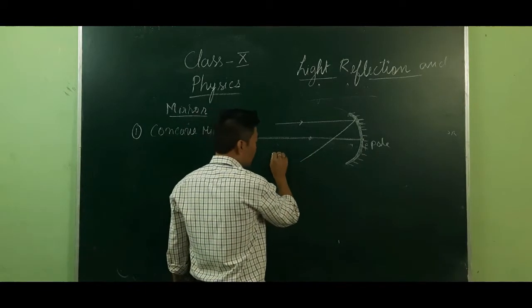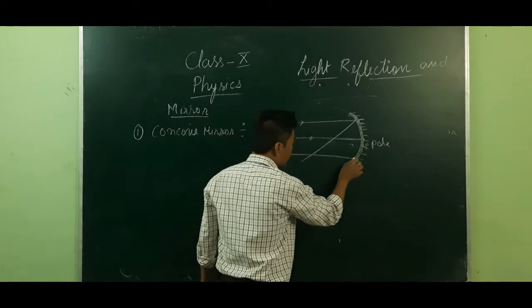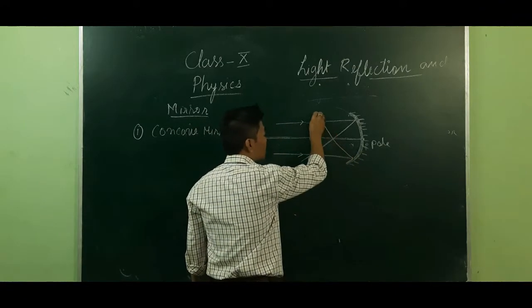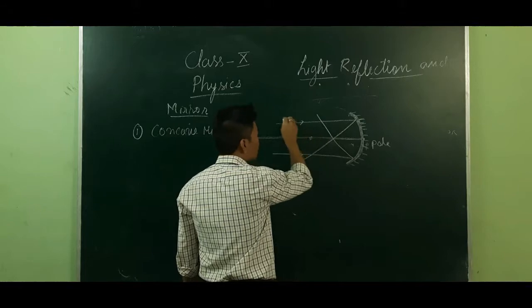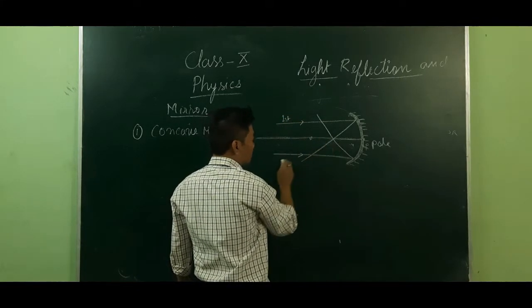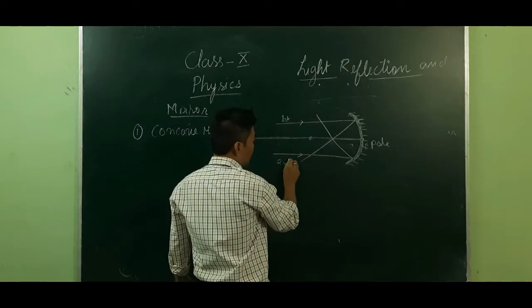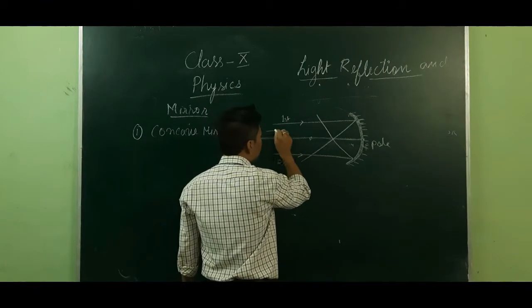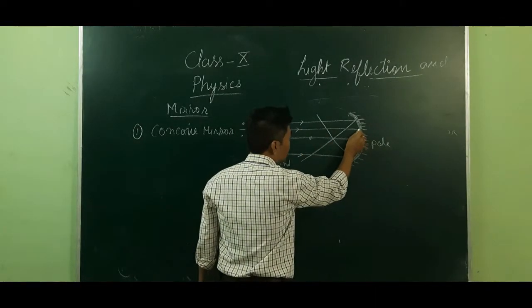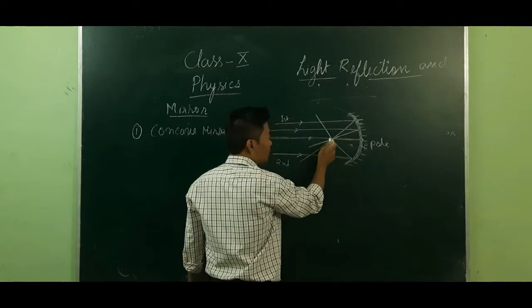So another light ray comes parallel, hits this mirror. After reflection, it intersects at the same point where the first ray intersected. So let's say another ray comes parallel to the principal axis.